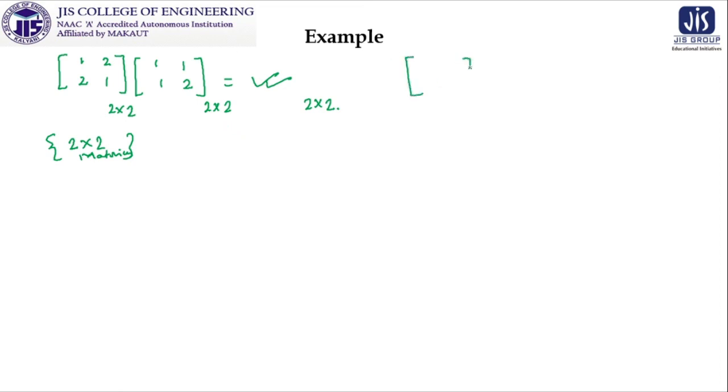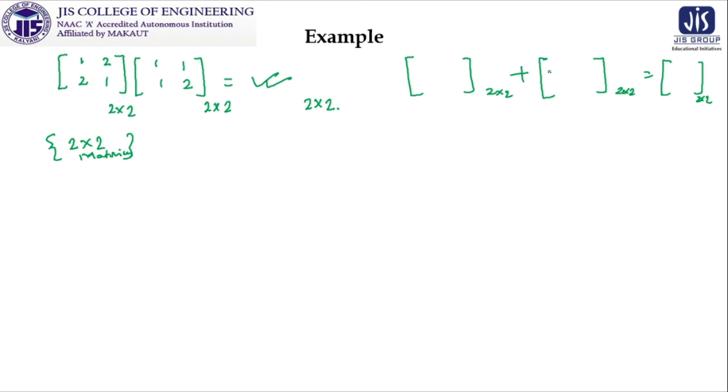And if you are adding a 2 cross 2 matrix with another 2 cross 2 matrix, then also you are going to get another 2 cross 2 matrix. You are also confident on this. So matrix addition for this set, matrix multiplication for this set, both are closed.